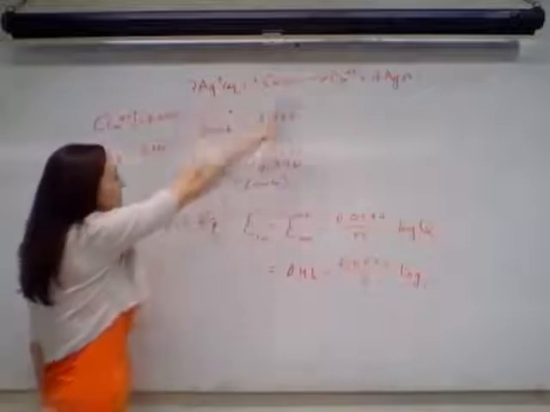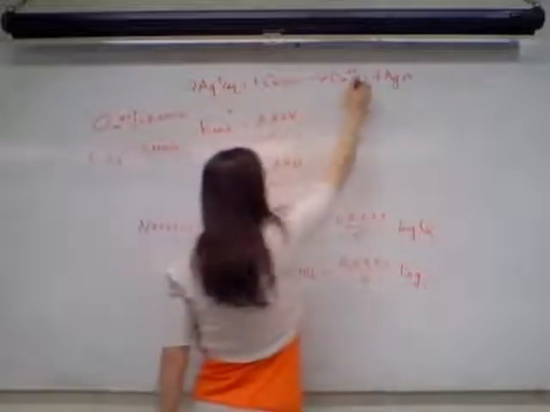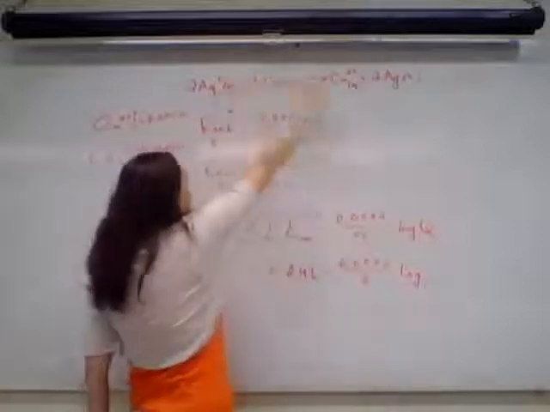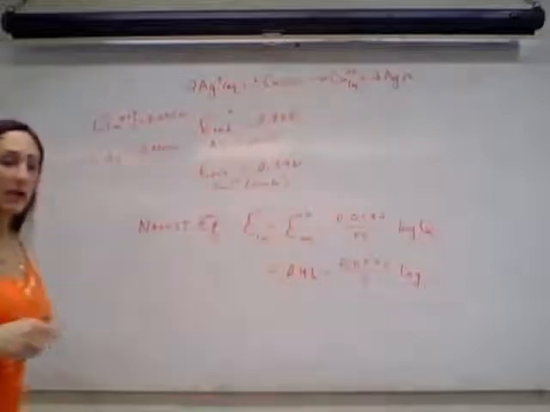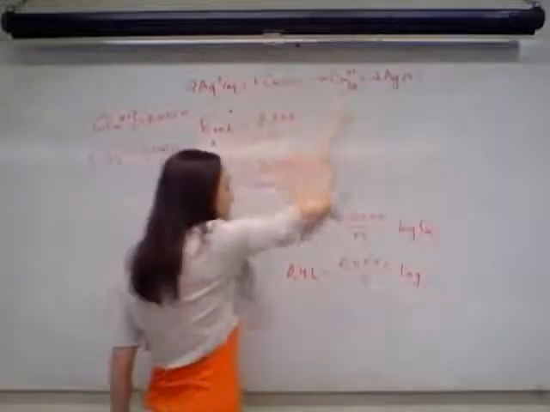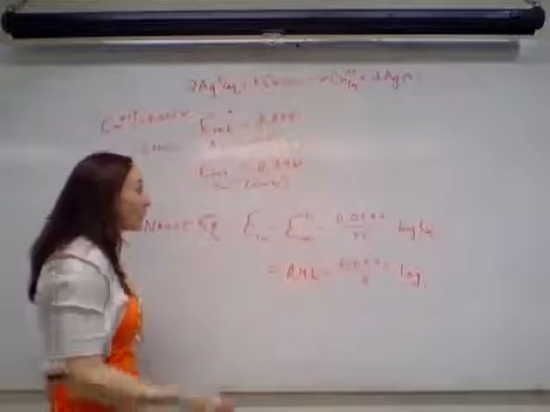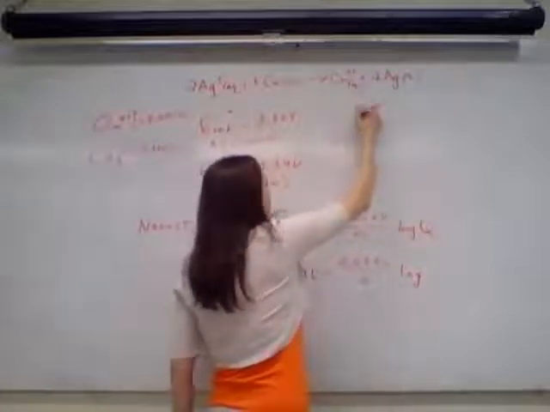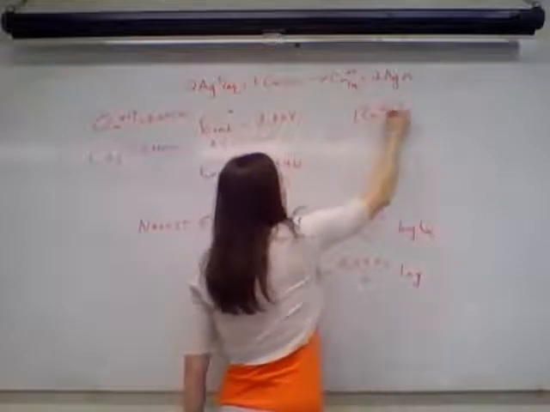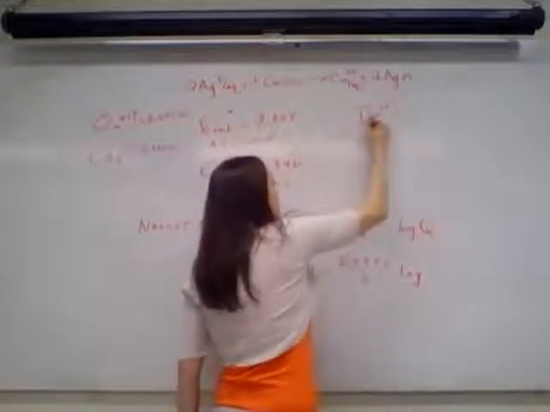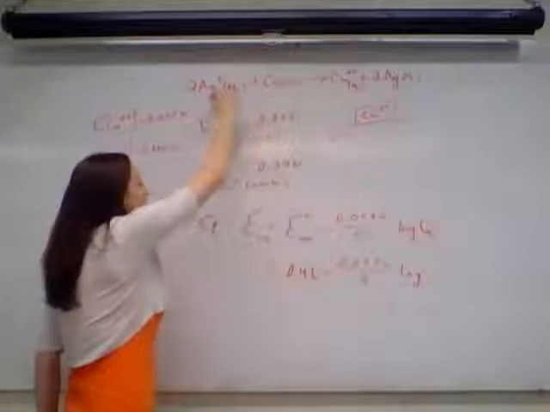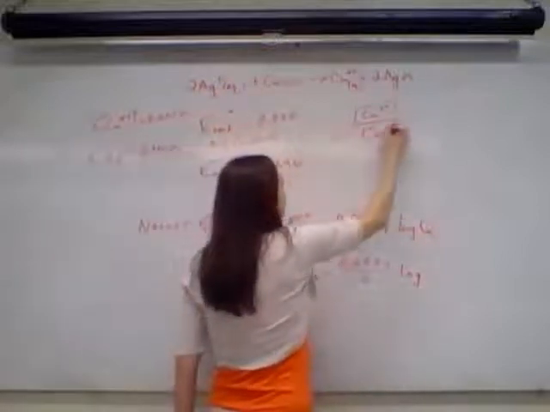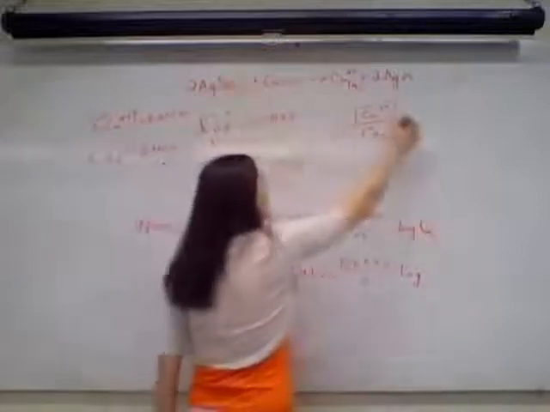With this equation as written, remember that I should probably have these states of matter here. The things that are in solution, the ions, those are going to get into the expression, but we know that the solids that don't have changing concentrations don't belong in the expression. So my Q expression is going to look like this. I'm going to have the concentration of products. There's no coefficient, so it's raised to the 1. And then divided by the concentration of reactants, so that's silver, and that's going to be squared because there's a 2 there.